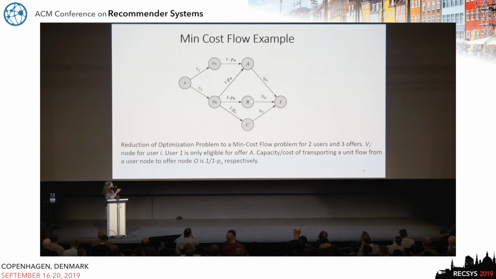From each offer, we also have the capacity of the offer, so the budget coming out. Across all customers, this is the maximum number of offers that we have given. This shows the capacity and the cost for allocating a unit flow between a customer and an offer.